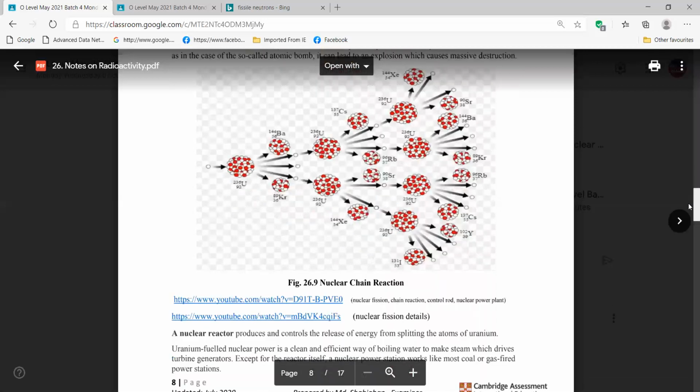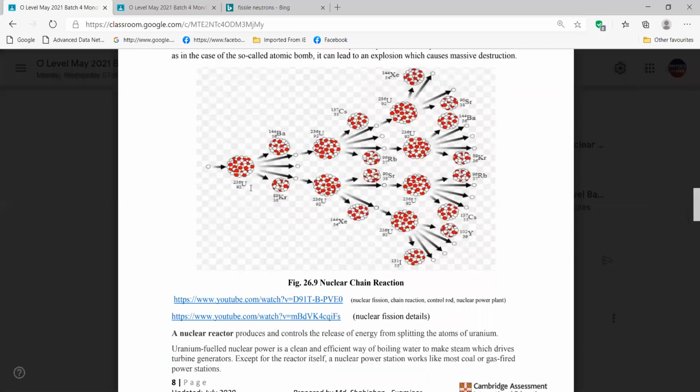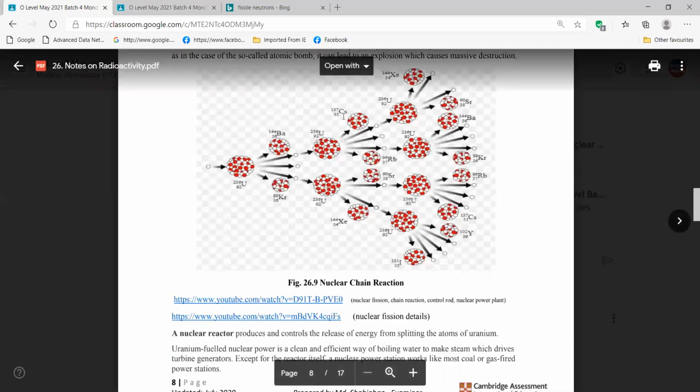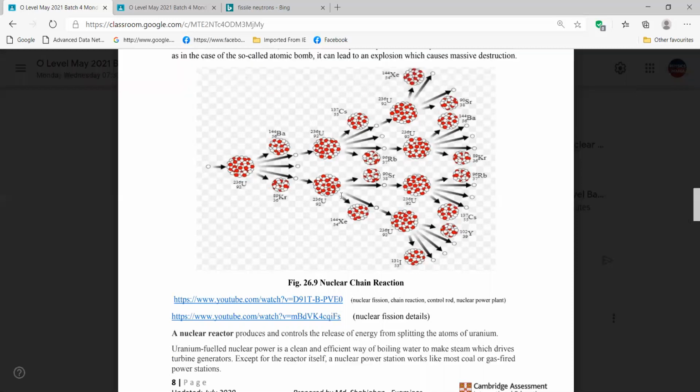Uranium can also split into rubidium and cesium, or xenon and strontium.